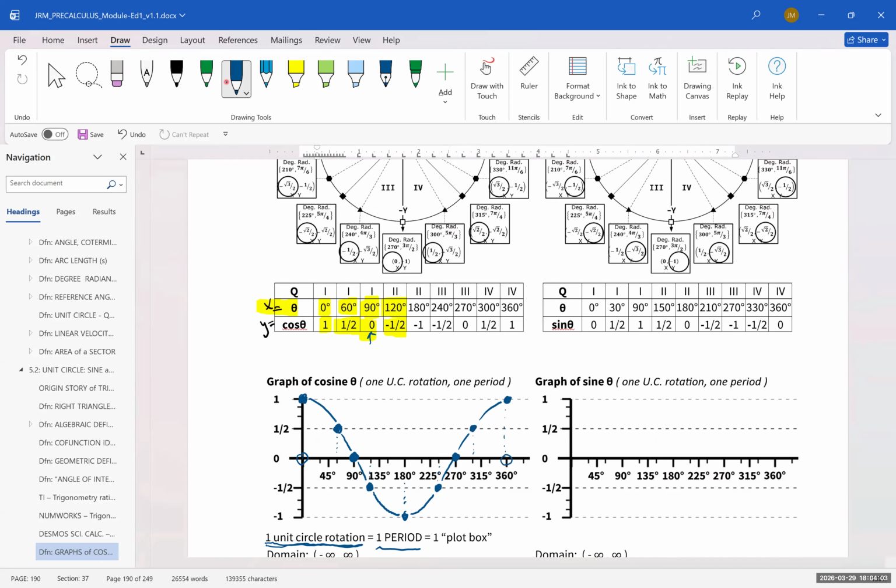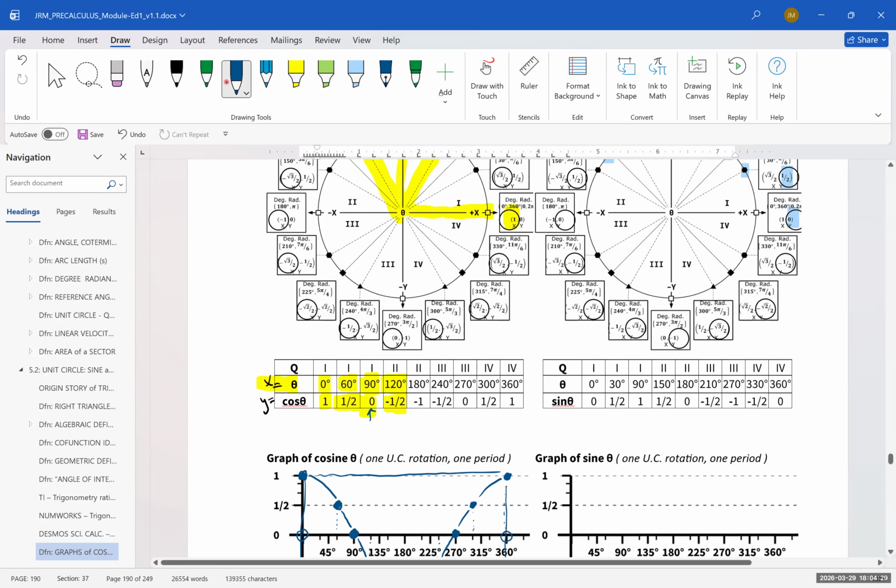And when we go to graph these a little more regularly, this constitutes a plot box. So this plot box are the bounds of our cosine trig function, as well as representing one period in the trig function.